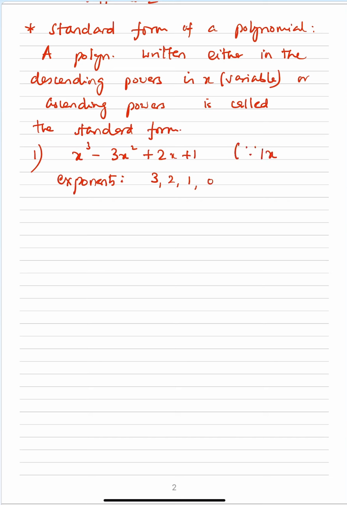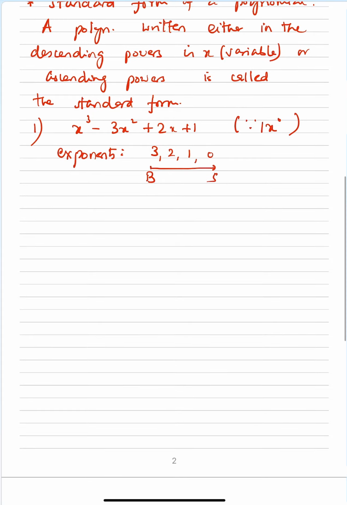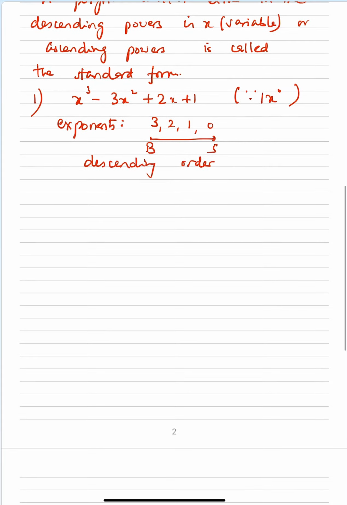Here we can say because 1 into x raised to 0. Okay. So it is from the biggest to the smallest order. So we can say it is in the descending order. So this is the standard form.